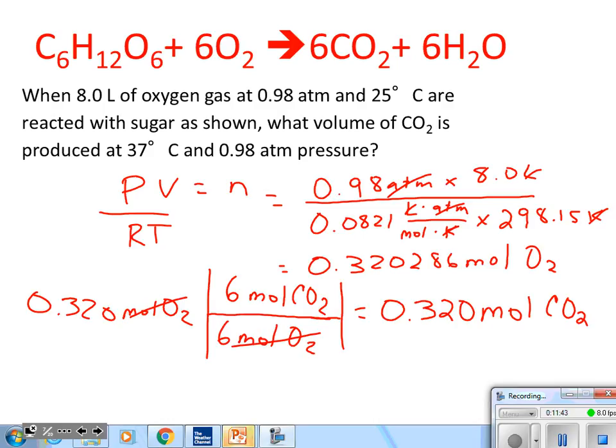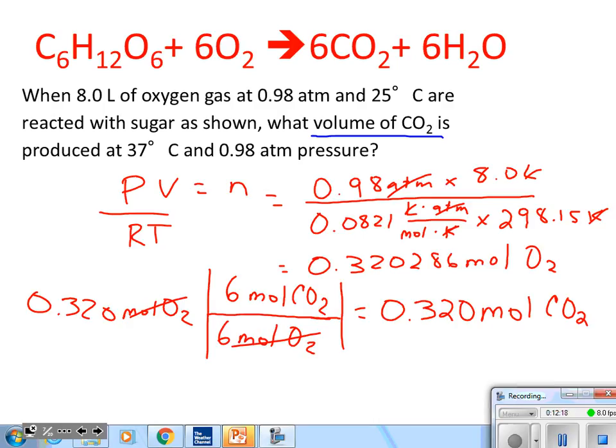Now, my problem wanted to know what volume of carbon dioxide is produced at 37 degrees Celsius and 0.98 atmosphere pressure. So, all we have done here, folks, is we had that reaction occur, then we increased the temperature. Did we increase the pressure? Pressure stayed the same, didn't it? So we increased the temperature.